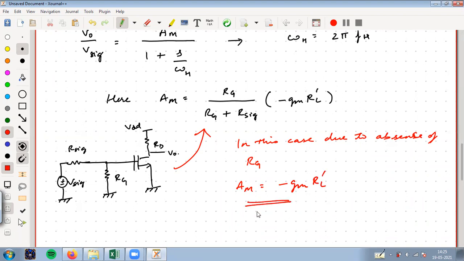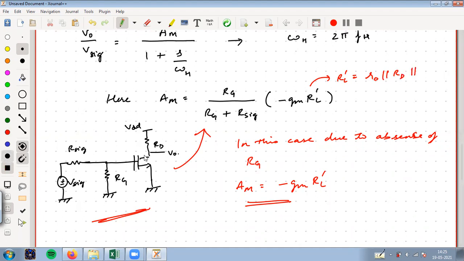But if this is your biasing scheme, then AM will be RG by RG plus R signal. Why? Because you have to calculate V naught by V signal. Then you get RG by RG plus R signal into minus GM into RL prime. RL prime here, since you have RD, will be R naught parallel RD parallel RL.